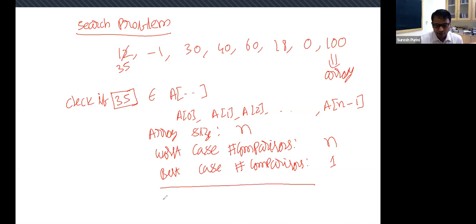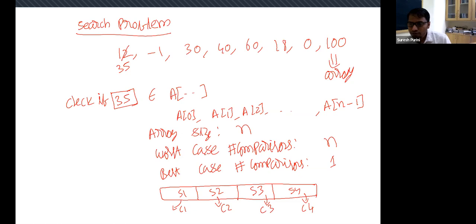If this is your whole array, perhaps we can divide it into 4 parts: segment 1, segment 2, segment 3, segment 4. Segment 1 we can assign to core 1, segment 2 to core 2, segment 3 to core 3, segment 4 to core 4.